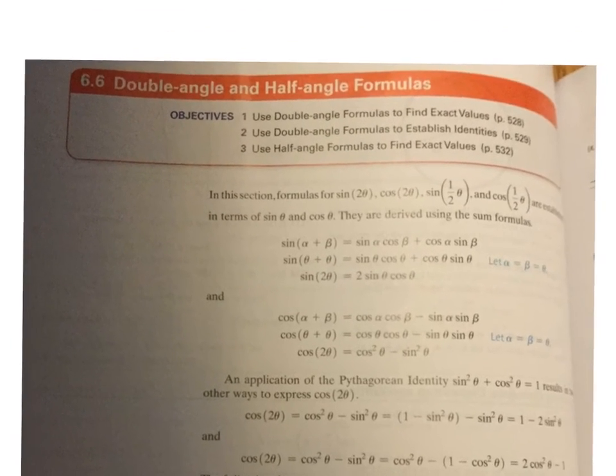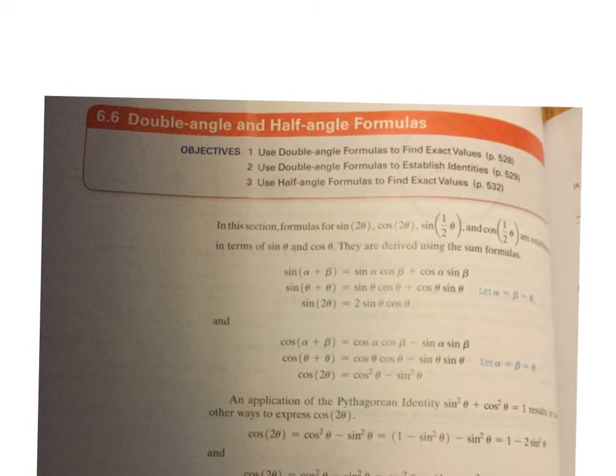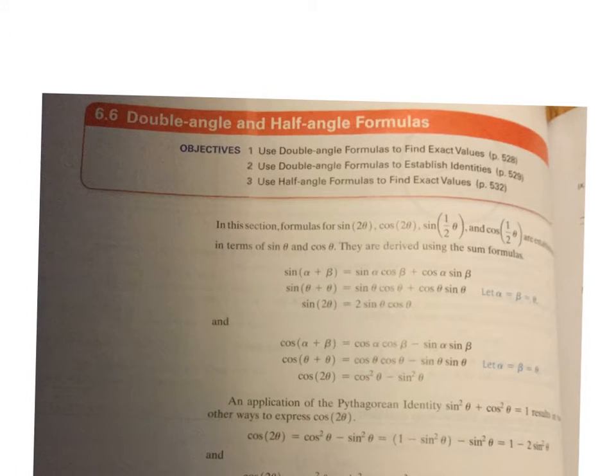So let's look up here. It's going to come from the sine addition law that we looked at in the last section. This you should have memorized. Sine of alpha plus beta is sine alpha cosine beta plus cosine alpha sine beta. Now it's just a simple matter of putting alpha equal to beta equal to theta in that formula.